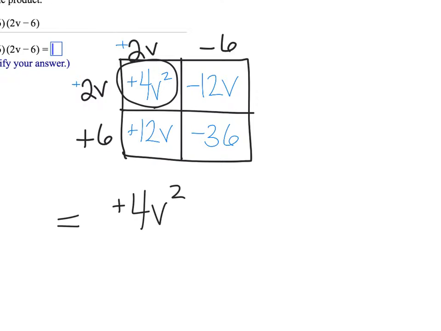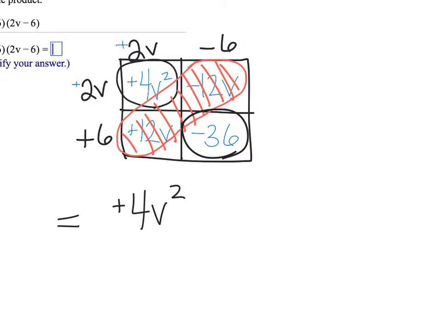And then you'll see, look at that, here are our like terms on the diagonal. And what's cool is you've got a positive 12v and a negative 12v. They undo each other, they cancel each other out. Then we're left with this minus 36, and that's our answer.